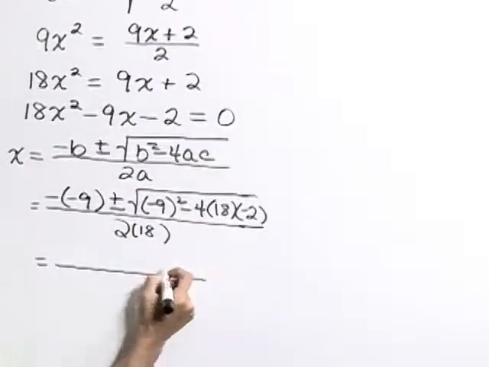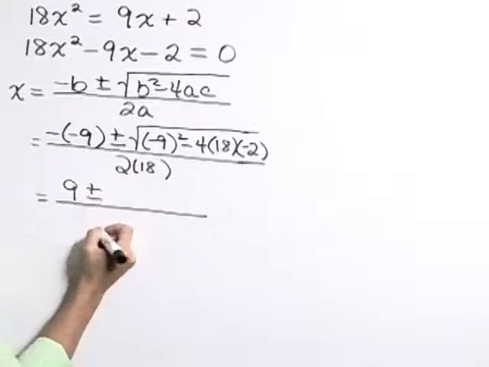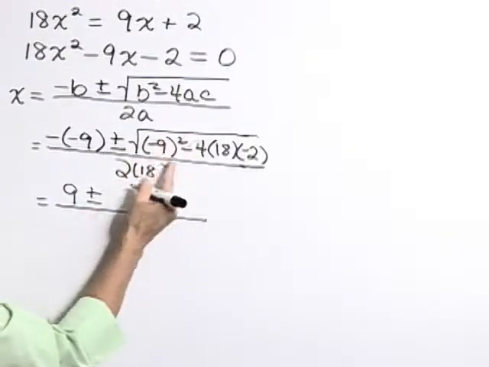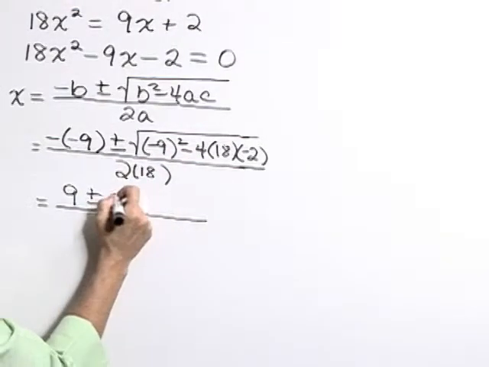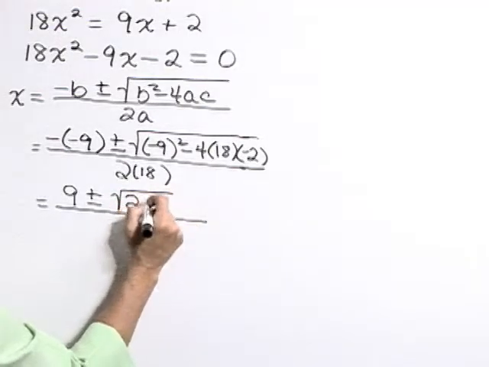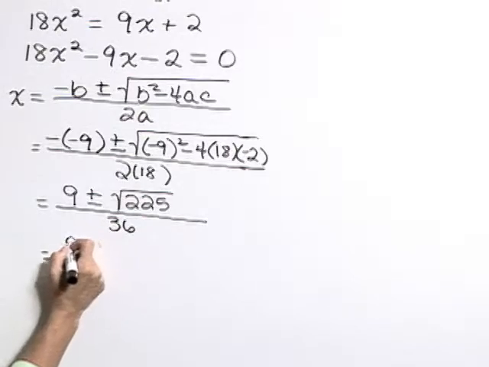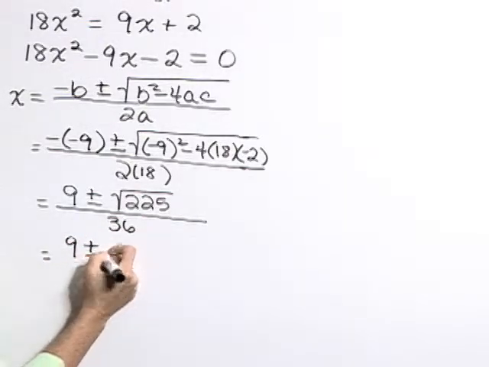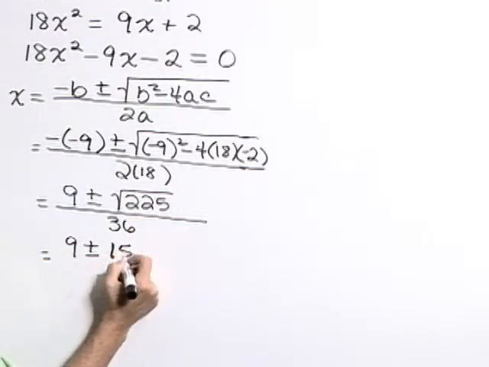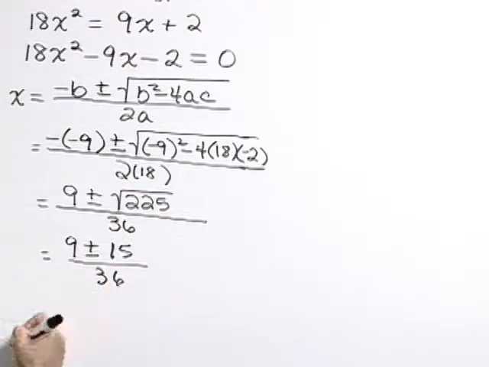This gives a positive 9 plus or minus. Underneath this radical, we get 225. So that's the square root of 225 all over 36. This gives 9 plus or minus the square root of 225, which is 15, all over 36.